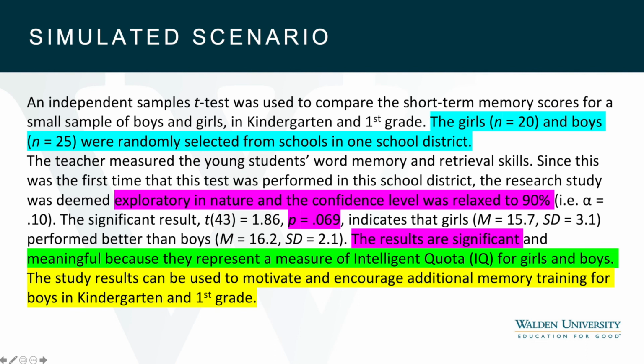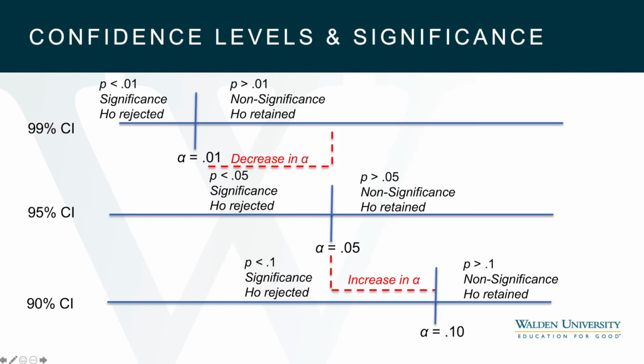As I showed on that earlier slide, and I will bring that slide back up here, 0.069. If I had set the confidence level or kept that confidence level at a responsible number of 95%, I would have had to retain that null hypothesis. But that 0.069 fits nicely to the left side of 0.1 in that red area of increase in alpha. And look how nicely that worked out.